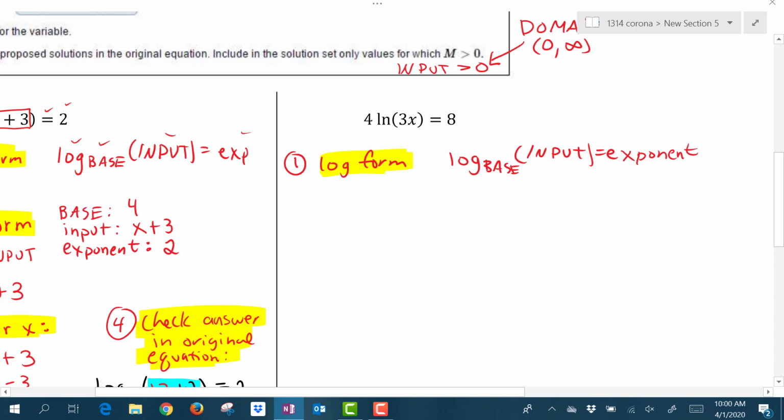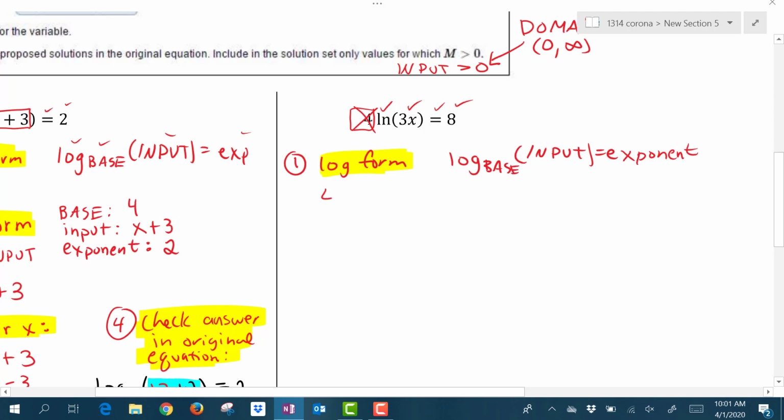When I look here, I see a log, ln, that has a base of e, so it's log and base. I have the input, and I have equals, and I have 8 on the other side. The problem, though, is that the 4 in front of the log is not the log, it's not the base, it's not the input, it's not the exponent, and I need to get rid of that.